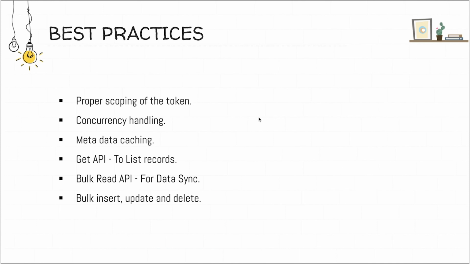And metadata caching. Most of the field API names and the names of the modules are not going to change over time. Let's say there's a field called last name. Even 10-15 years later, it's going to be last name. We wouldn't change the name to something else. So in that case, you could store all the metadata in caches on your servers.